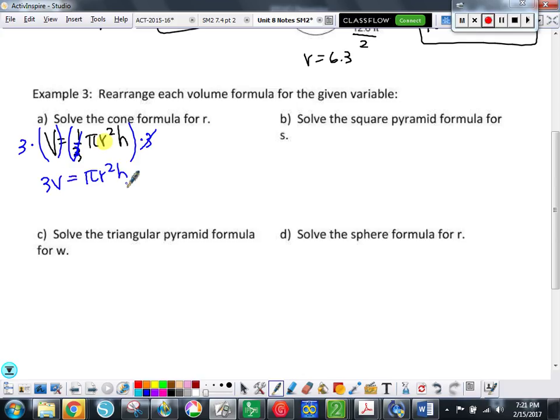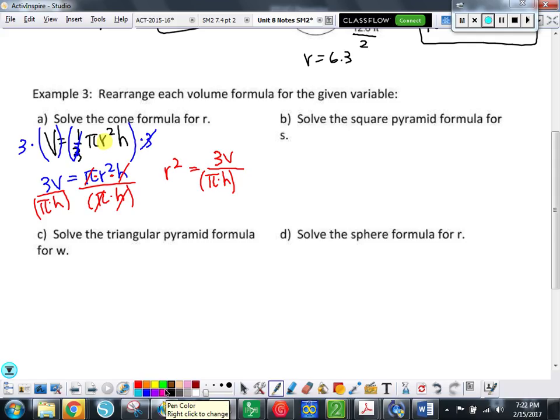Now I want to cancel that pi and that h. So these are all connected by a multiply. So let's divide both sides by pi h. The pi's cancel, the h's cancel. So r squared equals 3v over pi h. And maybe put those in parentheses. The last step is to get rid of the r squared.